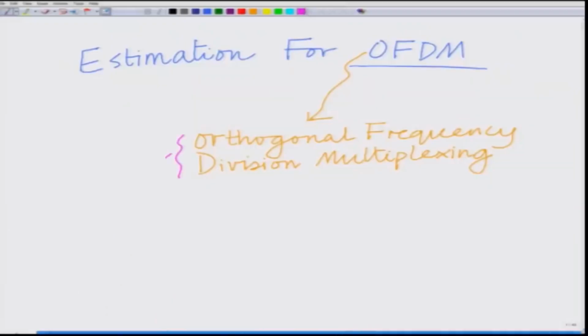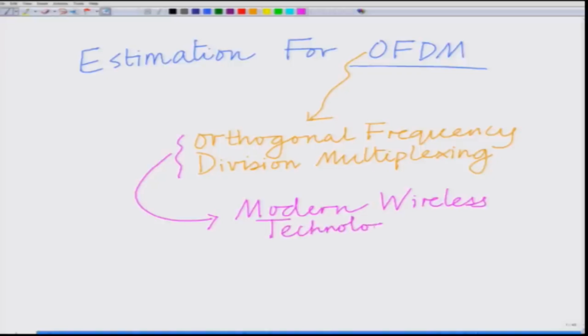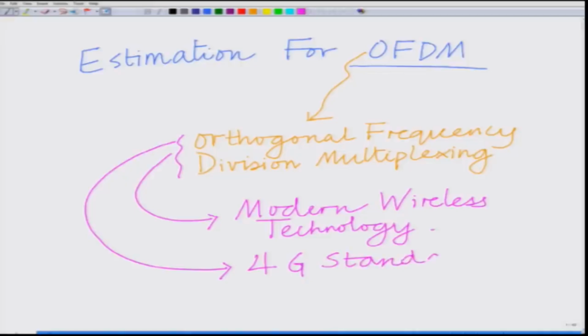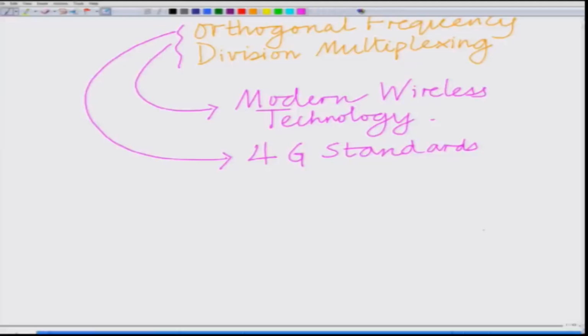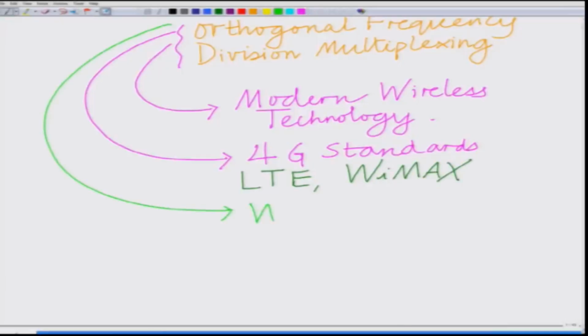So, OFDM is a very powerful and a very important technology because of its wide applicability in the modern 4G wireless standards as well as the Wi-Fi standards.